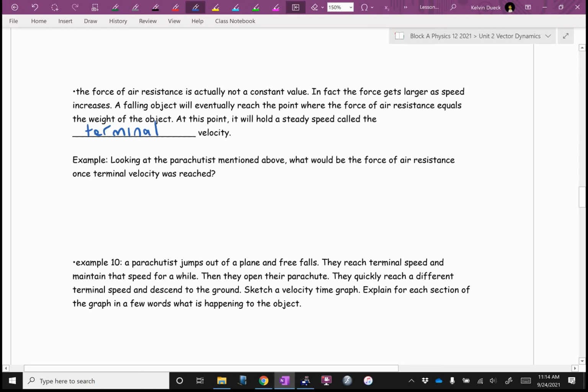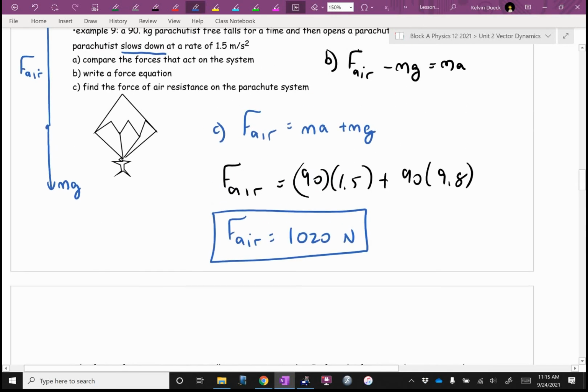Looking at the parachutist mentioned above, what would be the force of air resistance once terminal velocity is reached? If a is 0, it would be mg plus 0, right? Or 0 plus mg, whatever.